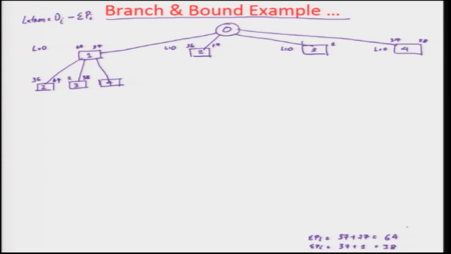And if you think about 4, sigma Pi will be 37 plus 28, that will be 65, and 4 was supposed to be delivered on the 37th day. So, you are late here. By the second sequence position itself, your solution is not very good. You are already late big time.